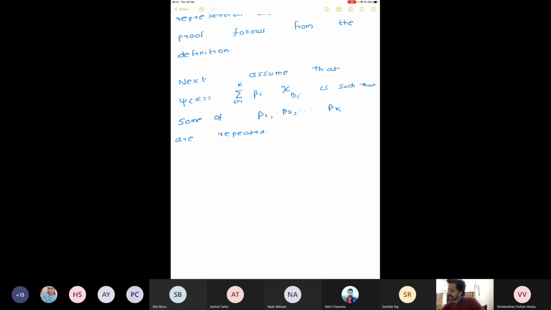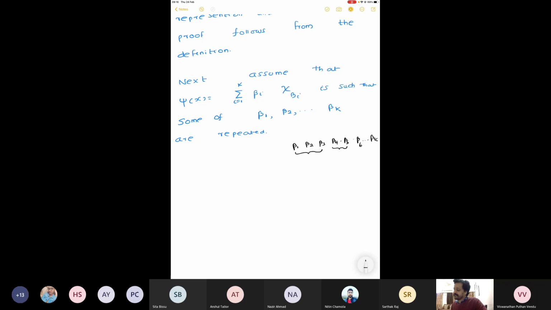When I write the details, you can always think of something like this. You have beta 1, beta 2, beta 3, and so on, beta k. Possibly this beta 1, beta 2, beta 3 may be the same. Assume these are the same. Beta 4 and beta 5 are the same, and all others, beta 6 onwards, are distinct. Just as an example.